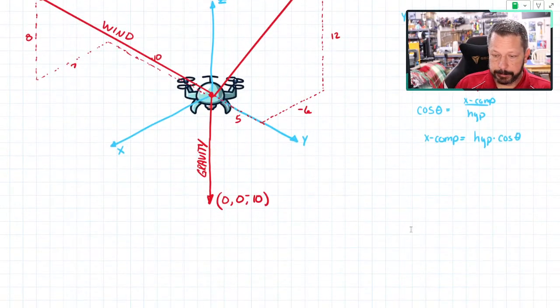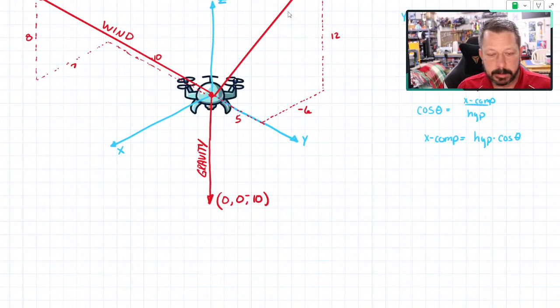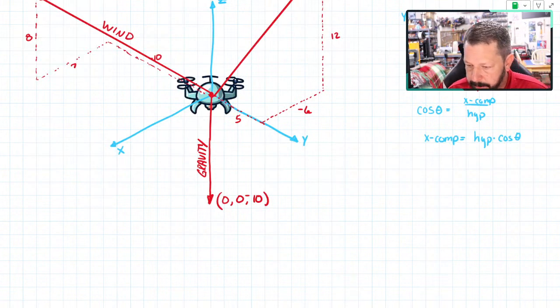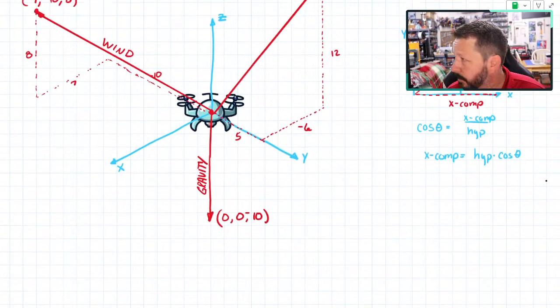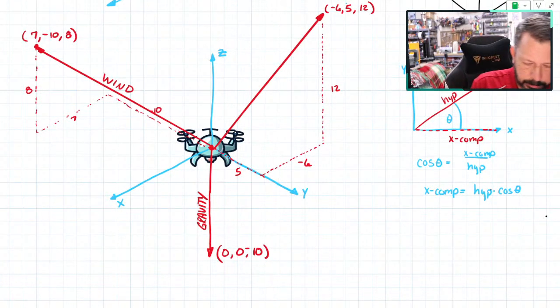So what I'm going to do is write out the same equations: summation of forces in x, summation of forces in y, and summation of forces in z. I might have to shrink it down some to fit everything on here, but we can do x, I think.